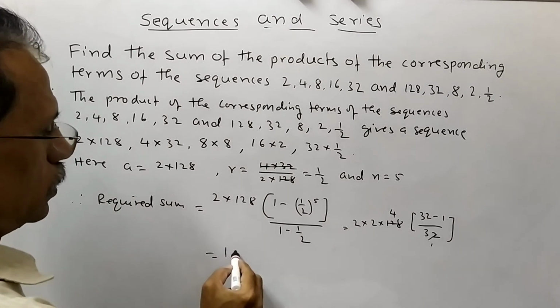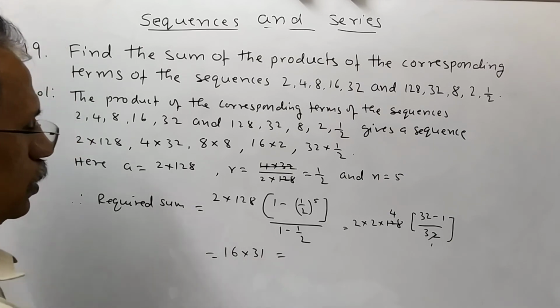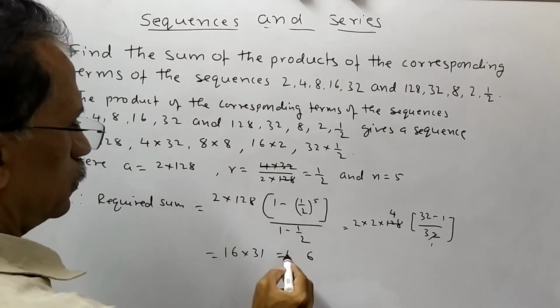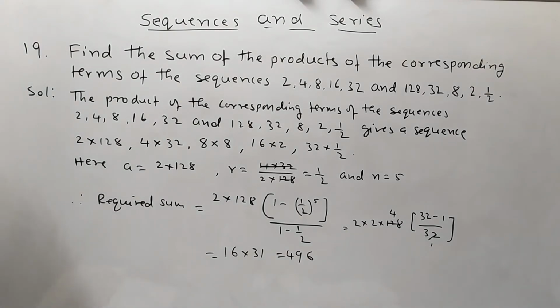So next step is 16 into 31 is equal to 496.